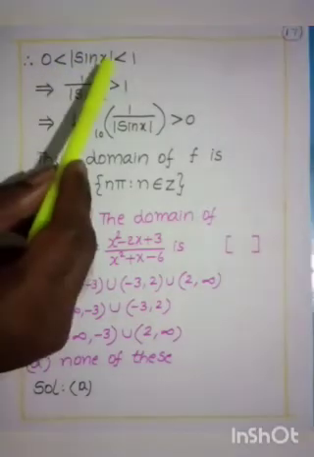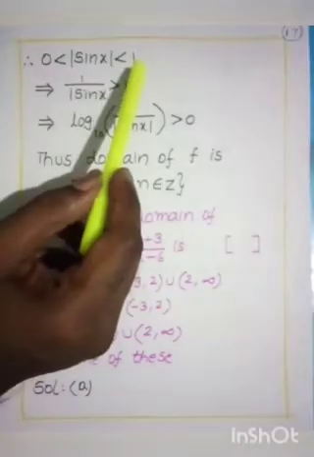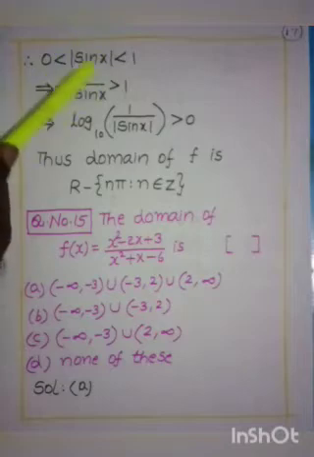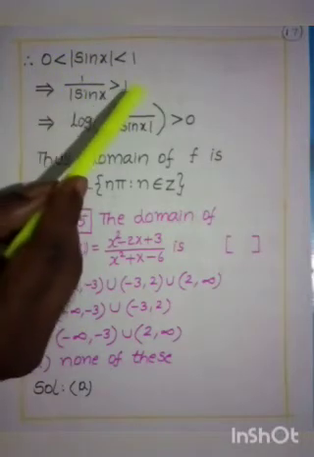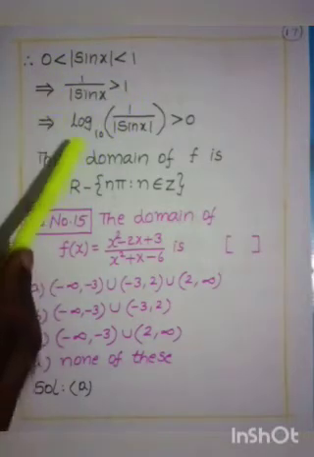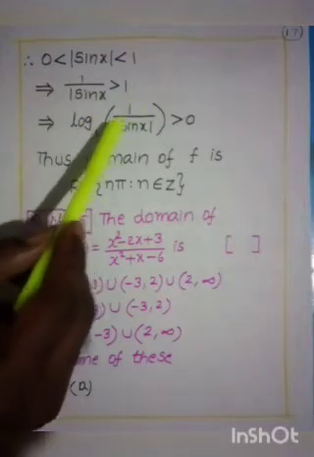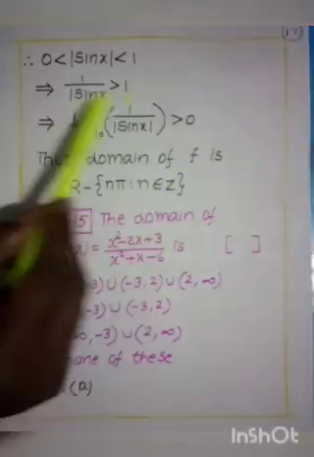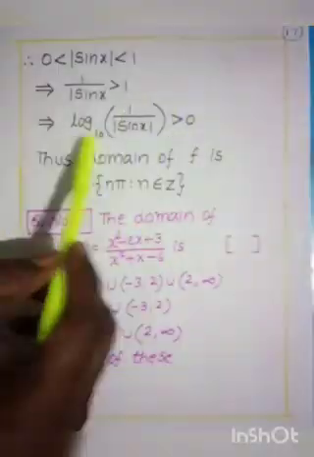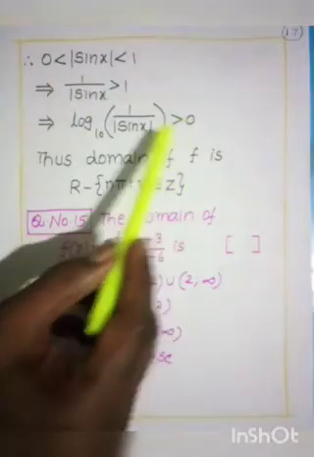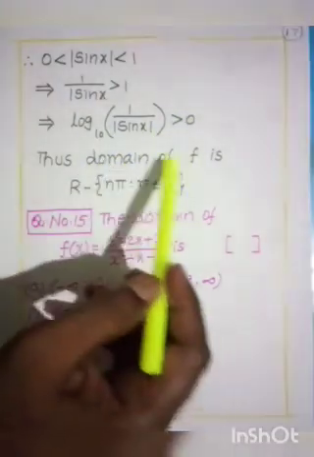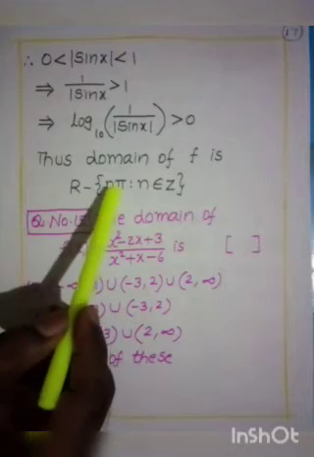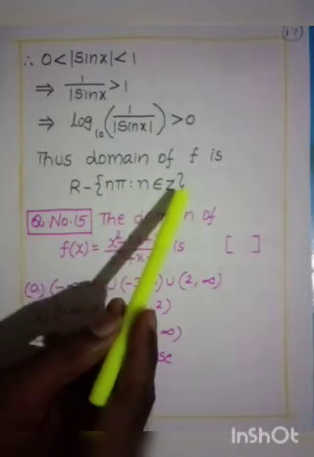But mod sin x lies between 0 and 1. This implies we take the reciprocal: 1 by mod sin x is greater than or equal to 1. This implies log of 1 by mod sin x base 10 is greater than or equal to 0, by taking log on both sides. Understood this step, my dear children? Thus, the domain of f is R minus the set of all n pi such that n belongs to Z.